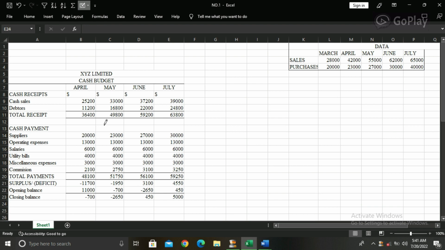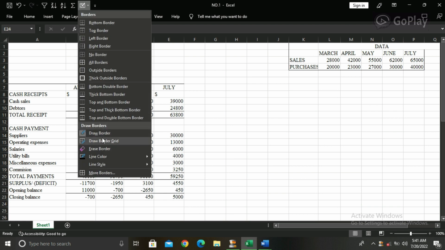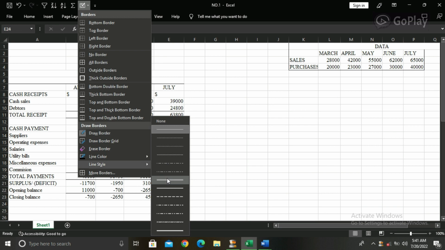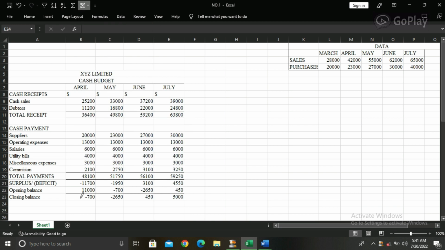All that we have to do is to dress it nicely. Yeah. So here is our cash budget with regards to this question.